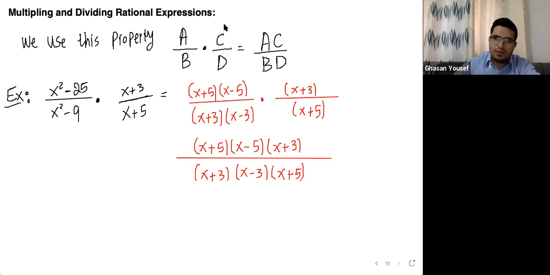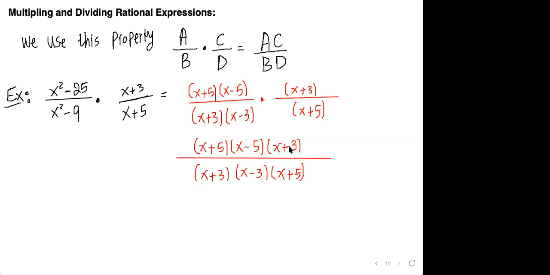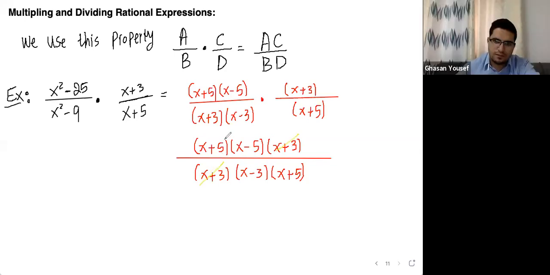What is the common factor between the numerator and the denominator? What can I cancel? x plus 3. Yes. What else? x plus 5. Yes. That's it, right? So the answer is x minus 5 over x minus 3.